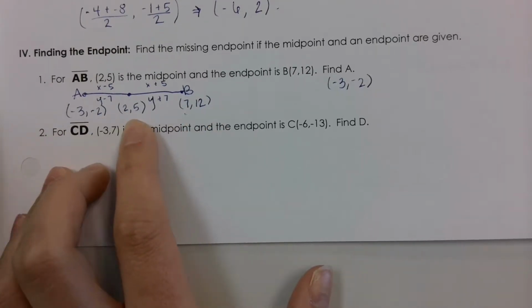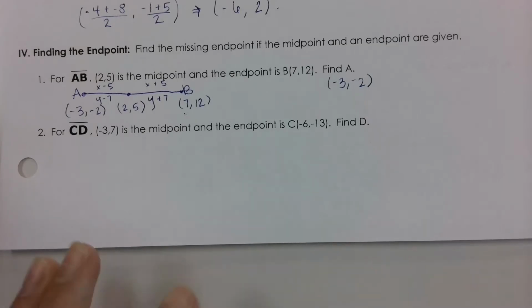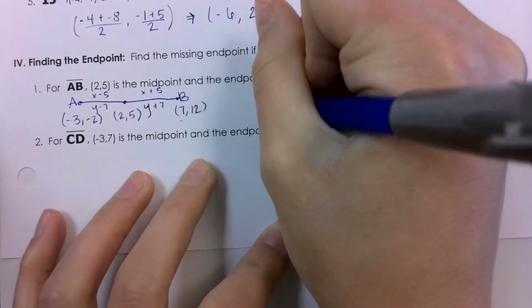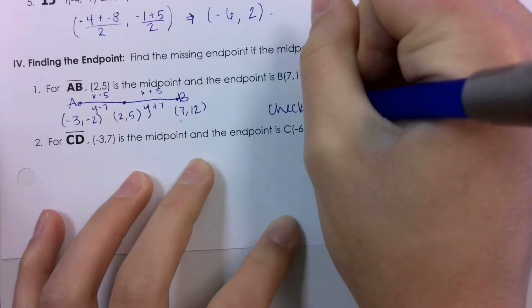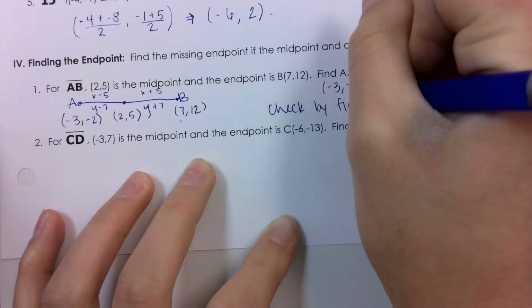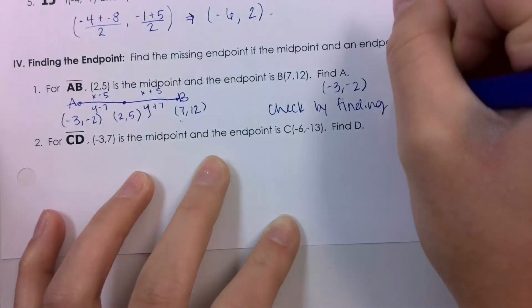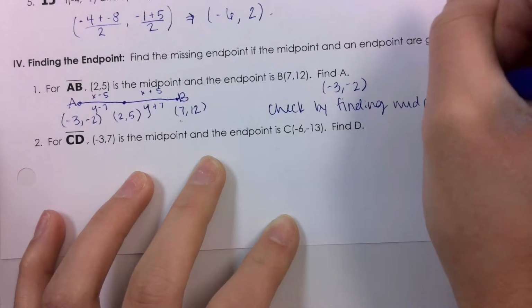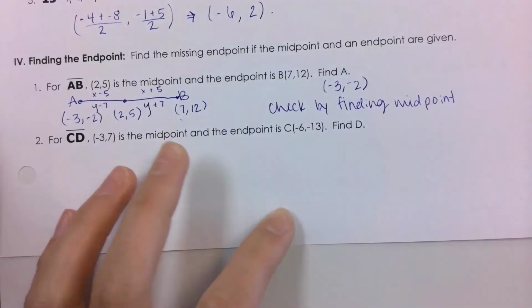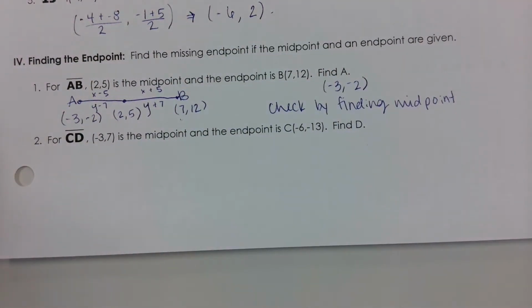So that works. We're good to go. Does that make sense? So check your work by finding your midpoint just to be sure that you're right, because it's too easy to mess up over something silly. So check your work whenever you can.